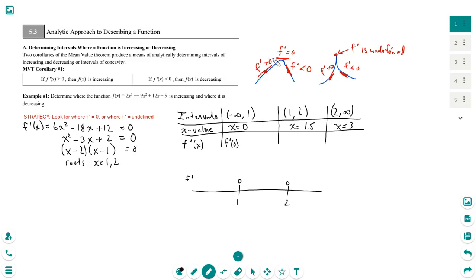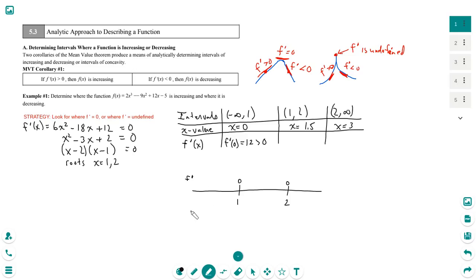I'm trying to figure out if it's positive or negative. That's all I care about. So if I plug it into the original, that would be 6 times 0 squared minus 18 times 0 plus 12. Well, that would all simplify to just 12, and 12 is a positive number. So this would be equal to 12. I'll put the actual value, but what matters is that it is positive.